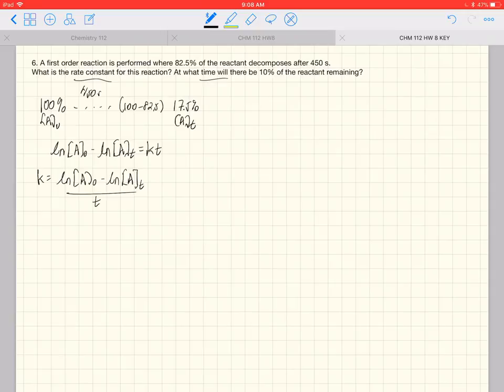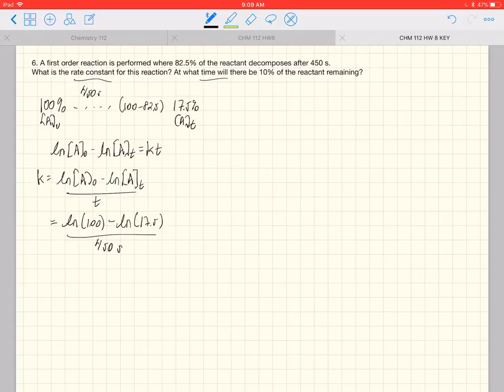And we'll go ahead and substitute in our values that we've discussed. 100% goes down to 17.5%, divided by the time, which is 450 seconds, s for seconds, okay?